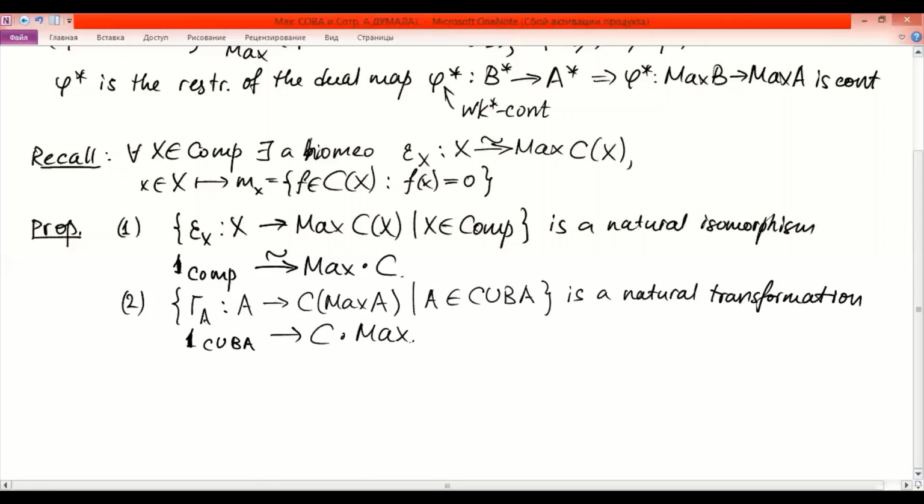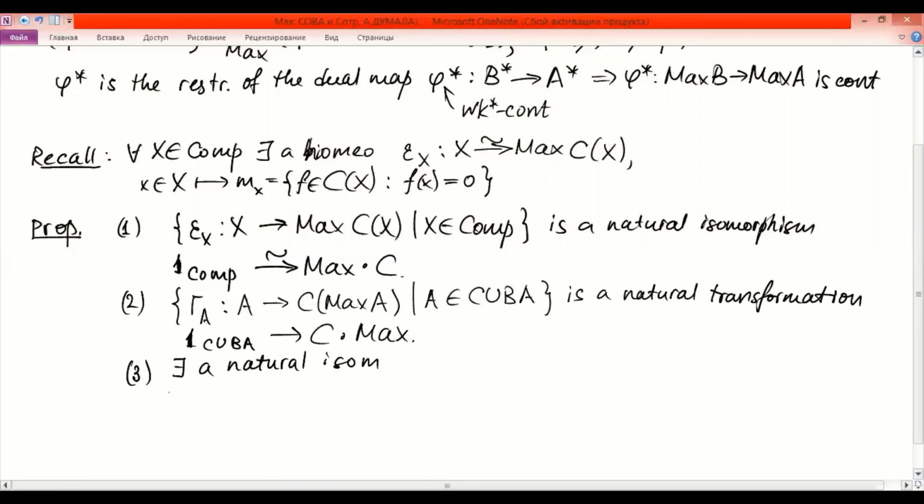And finally, we have the following result. This is part 3. There is a natural isomorphism between the following two Hom functors.